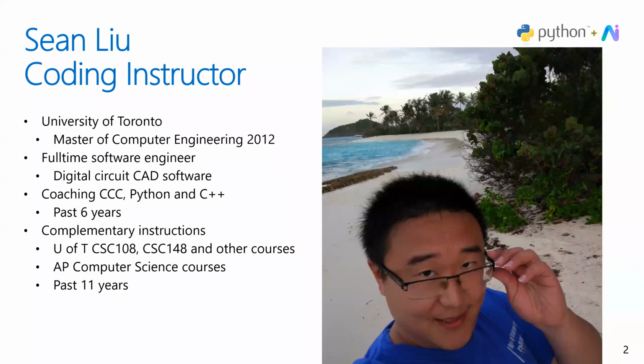A bit about myself. My name is Sean. I've been a coding instructor for some years. I graduated from U of T, Master of Computer Engineering, 11 years ago. I have since been a full-time software engineer. I work on digital circuit CAD software. It's a pretty niche market, but I've been in the industry for 11 years.